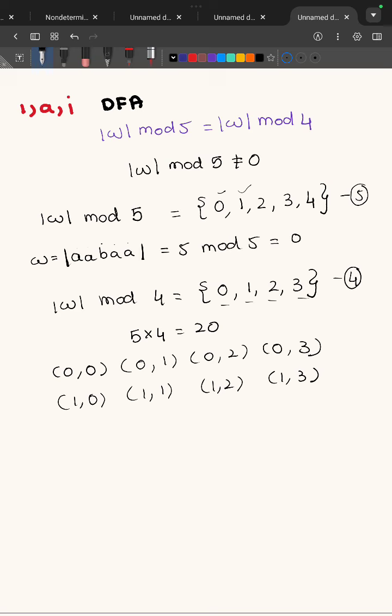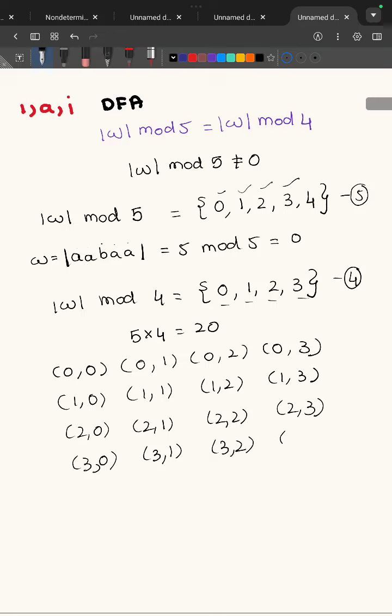Now take 2: 2 0, 2 1, 2 2, 2 3. Now 3: 3 0, 3 1, 3 2, 3 3. Now for 4: 4 0, 4 1, 4 2, 4 3. That's it. We have written all the 20 states.